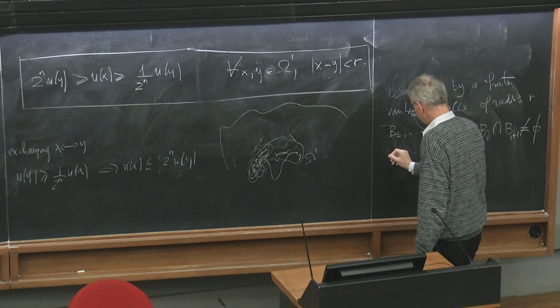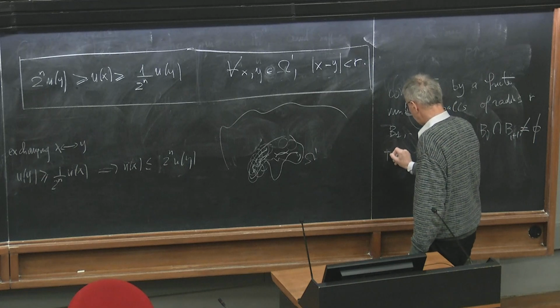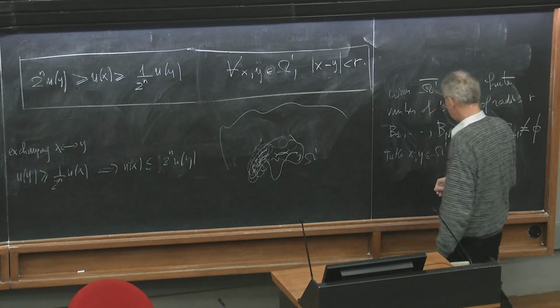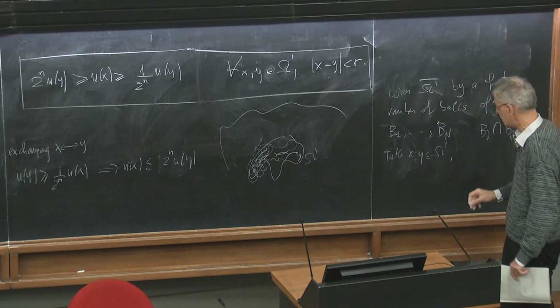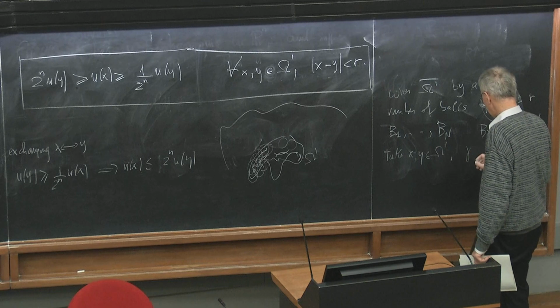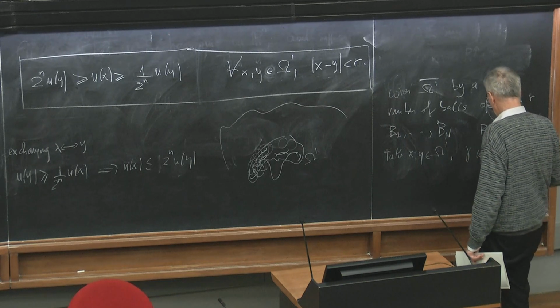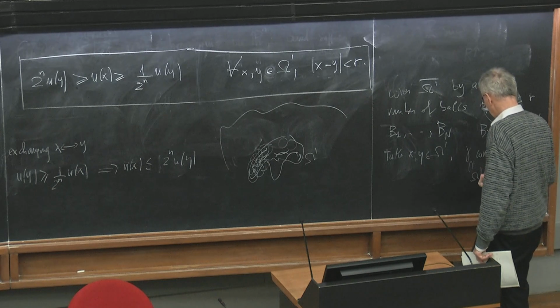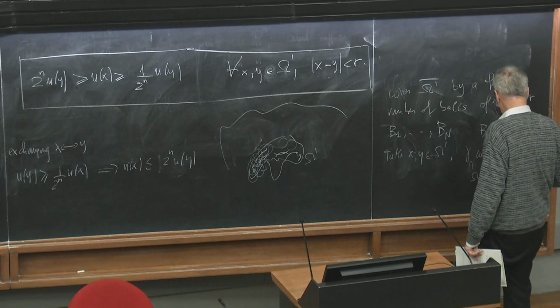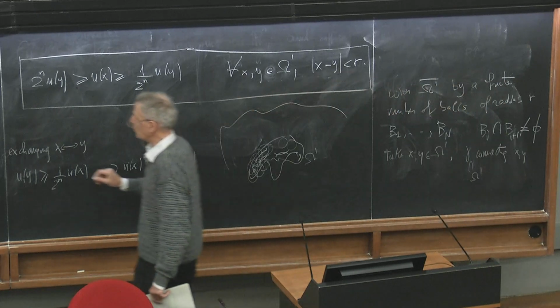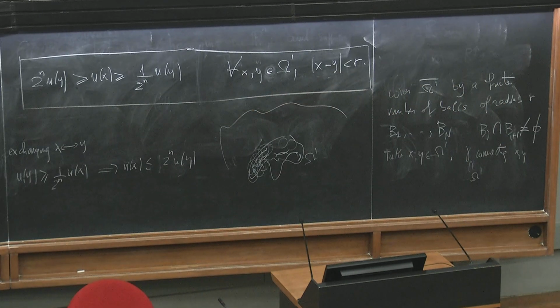Then you take any point x and y in omega prime, and take a continuous path gamma inside omega prime connecting x and y. So you have, this is x, this is y, then this is your gamma.